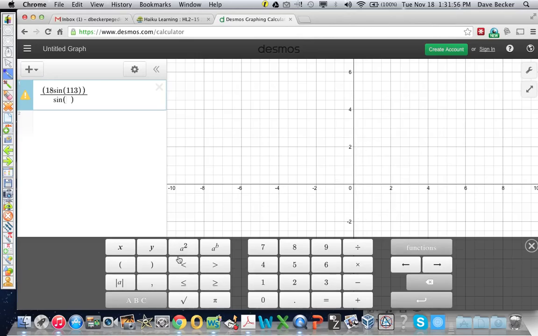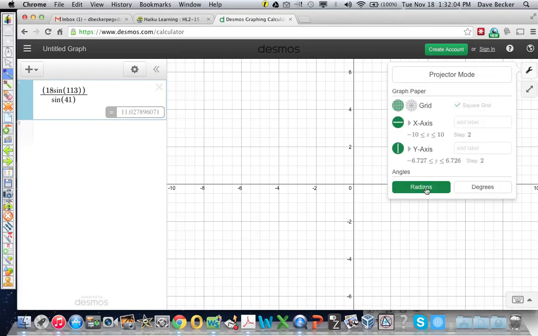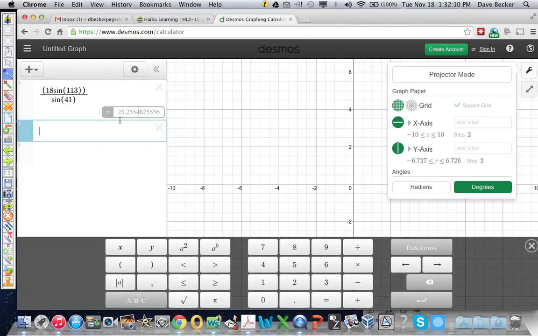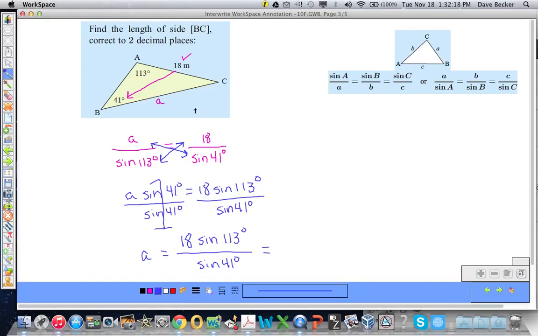I'm going to roll the dice and gamble. And don't forget to check if you're in degrees or radians. The default is radians, so I'm going to go to degrees, hit enter, and we're done. It said round to 2 decimal places, so that would be 25.26. So a is equal to 25.26 meters. Not a big stretch there.